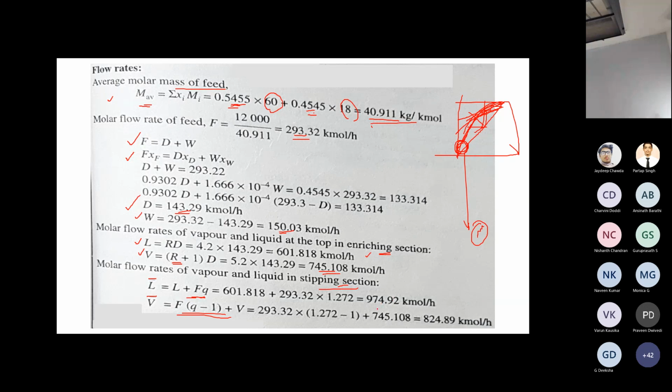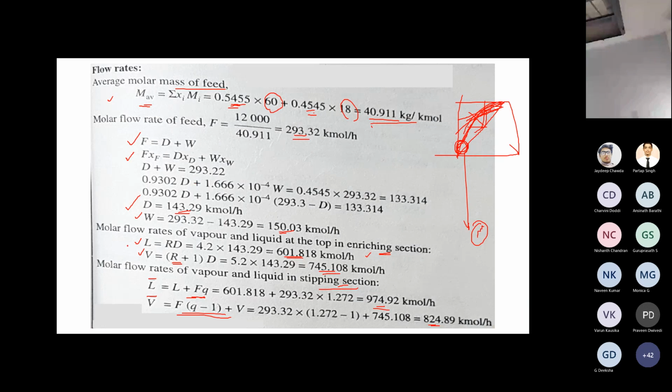So L in the enriching section is 601, and in the stripping section it is 974.92. The molar flow rate of vapor in the enriching section is 745, and in the stripping section it is around 824.89 kilomoles per hour.